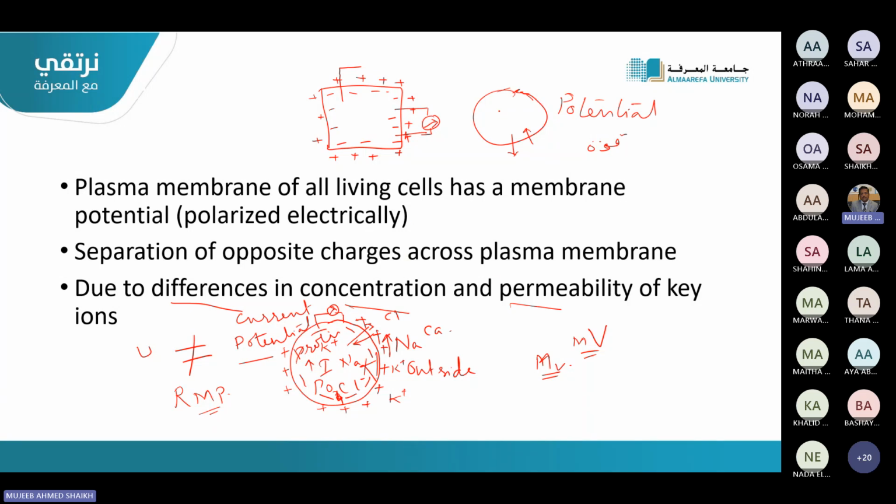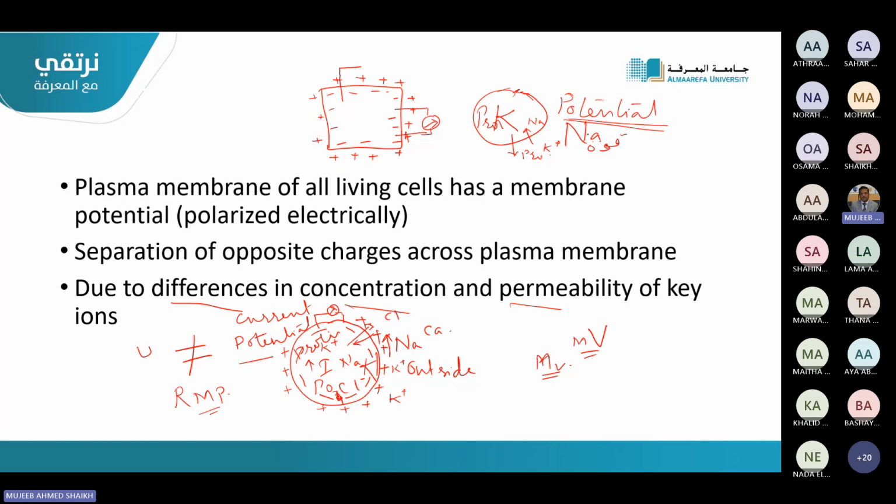There is more potassium inside and less potassium outside. More sodium outside and less sodium inside. More protein inside and less protein outside, like that. Because of unequal distribution and because of the permeability, some sort of current is developed, and this is called the resting membrane potential.